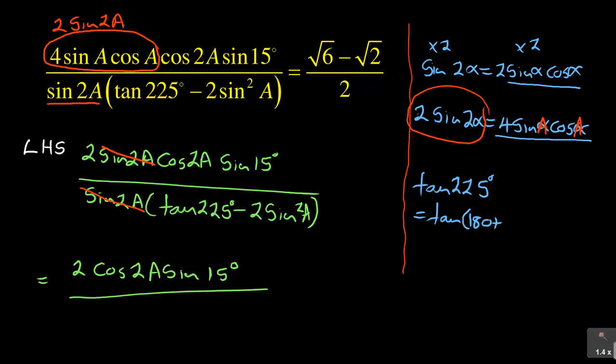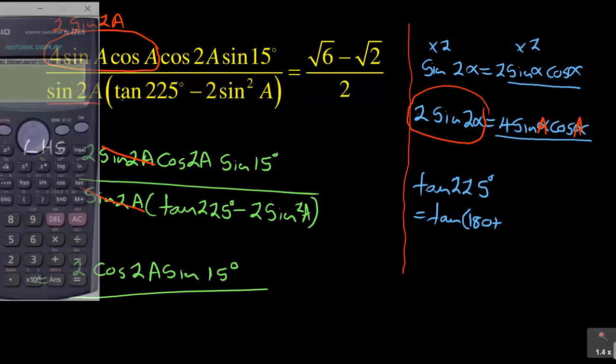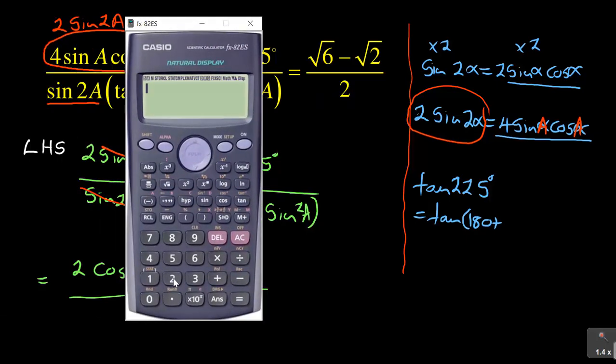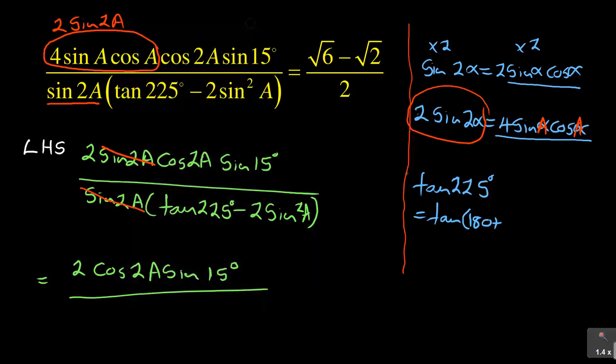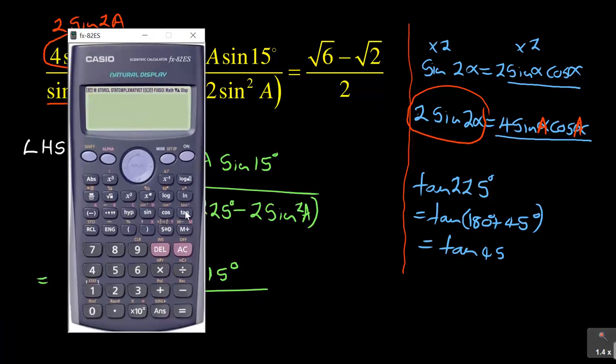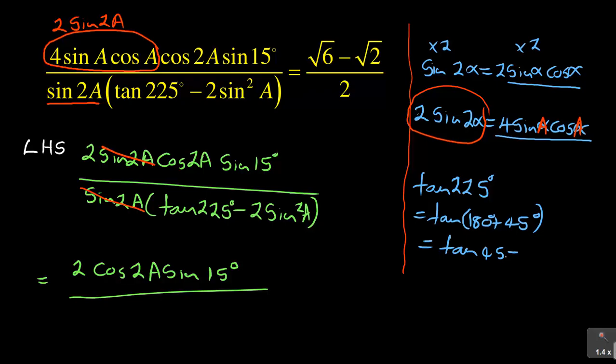If you use a calculator, you will say 225 minus 180, it will give you 45. So it's 45 degrees. And if you check carefully, this tan is positive, it will be tan 45. And if you find what is tan 45, you'll see that it is 1. So in actual fact, if you just say tan 225, you can see that this was a 1. So this is equal to 1.